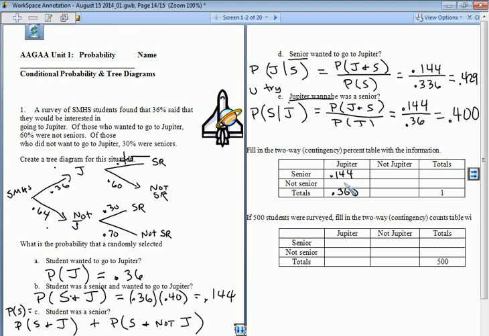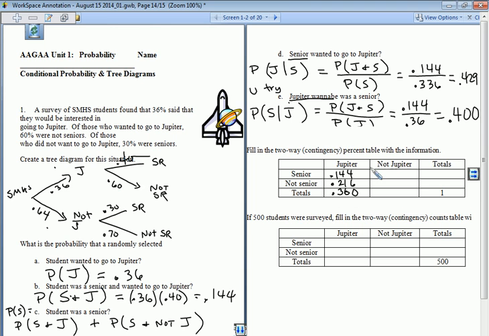So the probability that they were Jupiter and not a senior would be the 0.36 times the 0.6, and that would give us 0.216. Or we could just subtract here because they're going to add up.